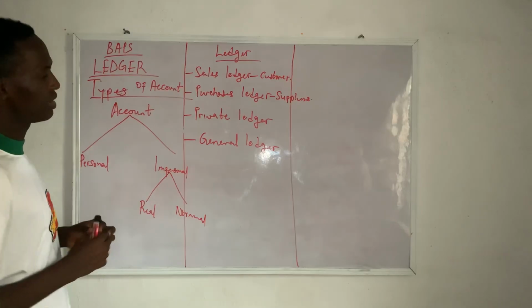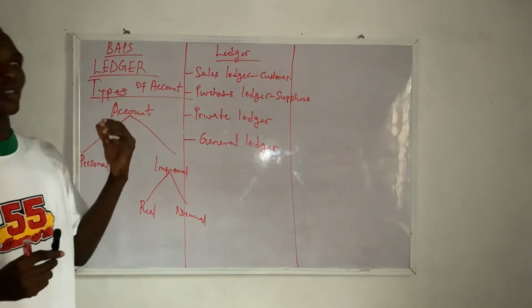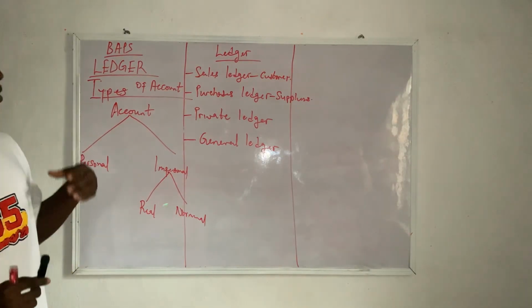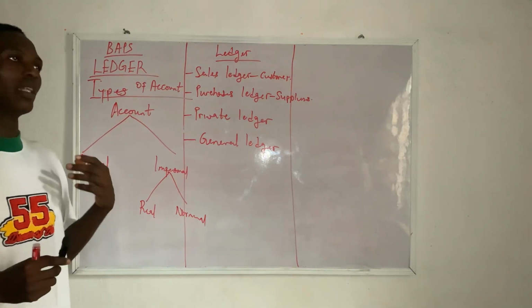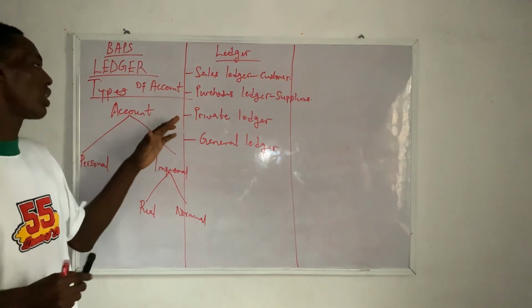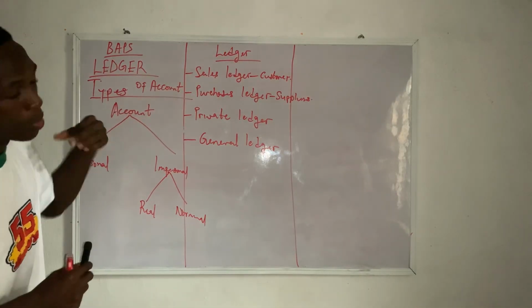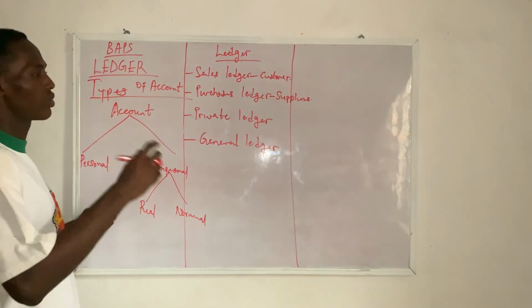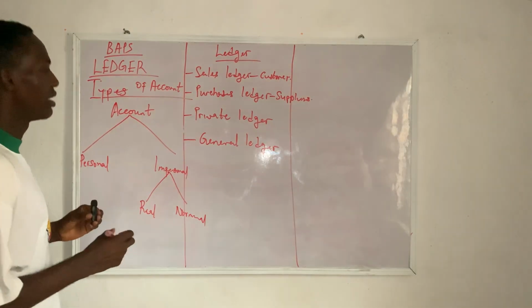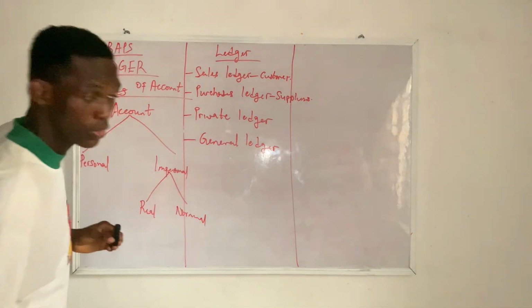Now the private ledger is simply talking about your capital account, investment account, drawings account, and loan account. Although you don't usually get to present this to the public, most times access to it belongs to the senior manager. Then every other one falls under what?